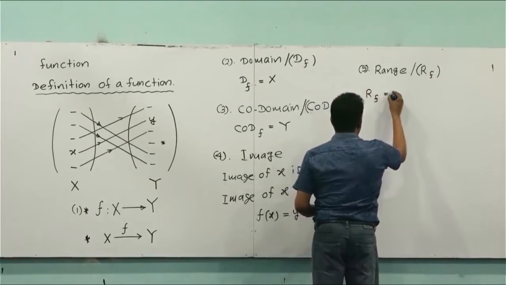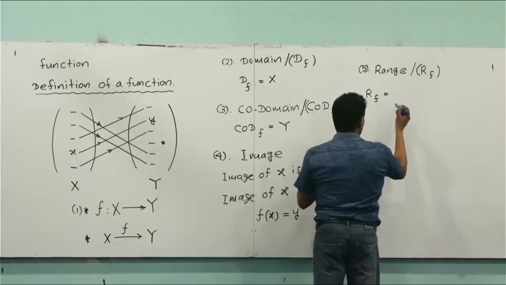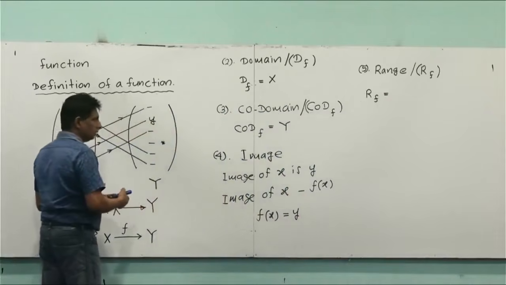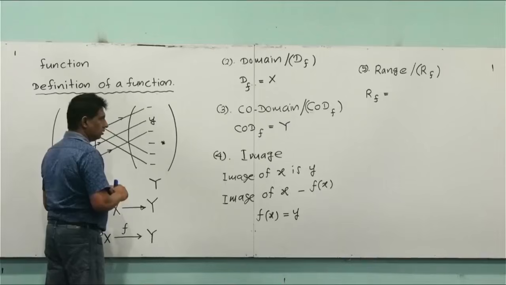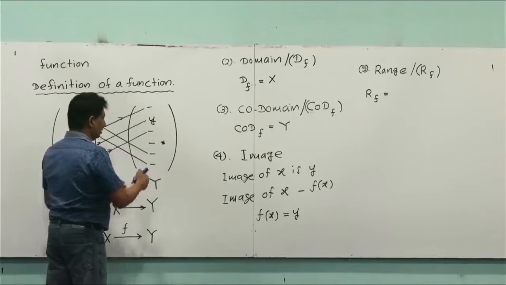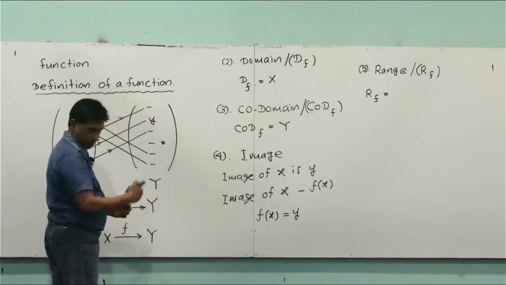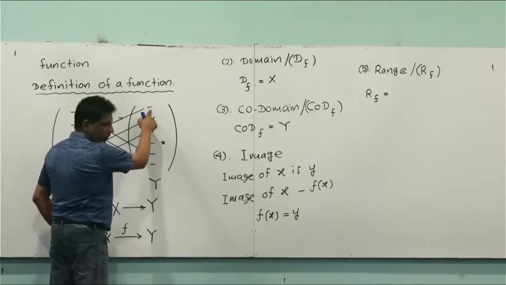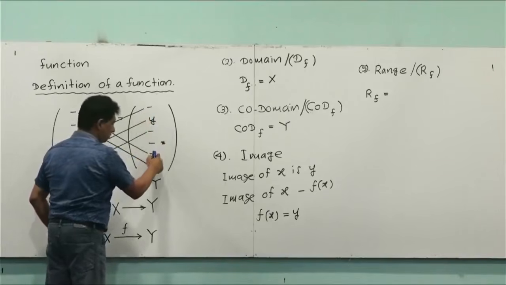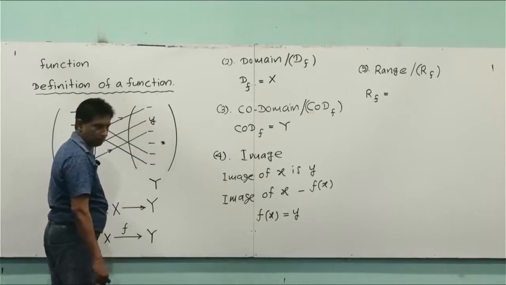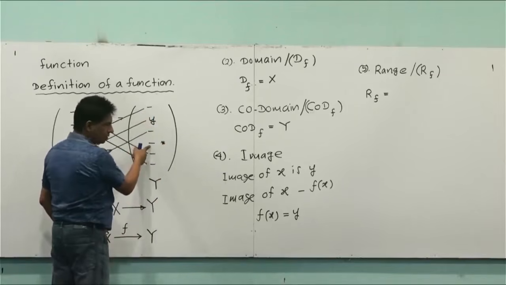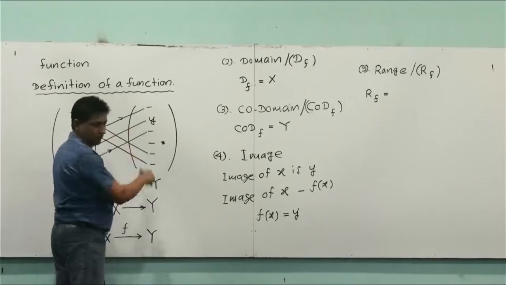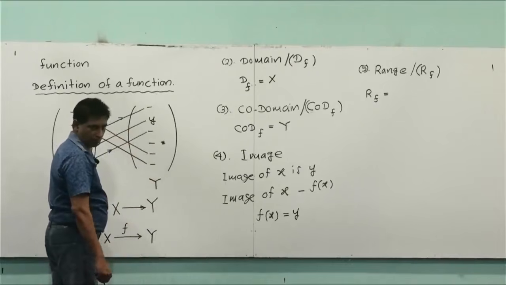Then the meaning of range: if we create a set, that set's elements are all the images of this function, right? This should be an element, this should be an element, this should be an element. Is this an element of range? No. Why? This is not an image. Okay.